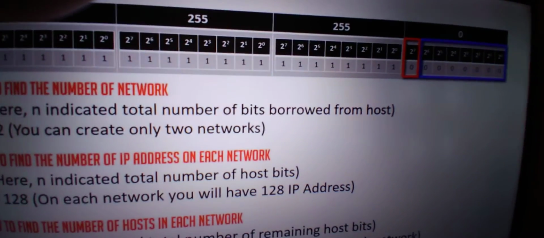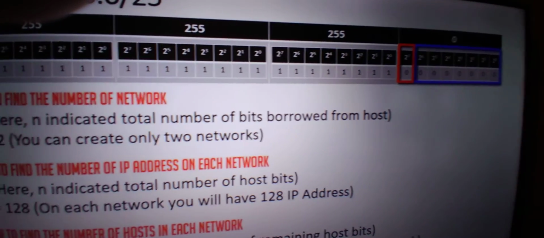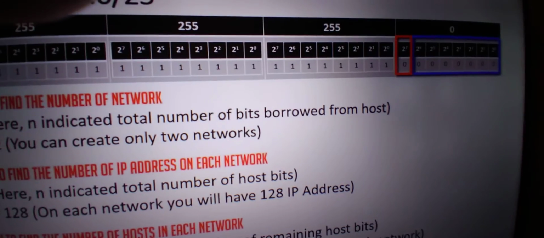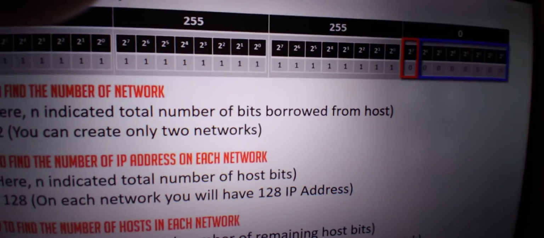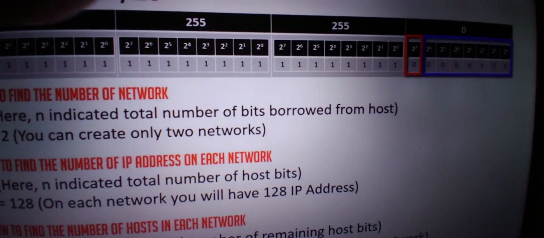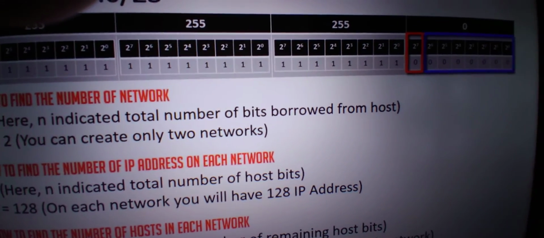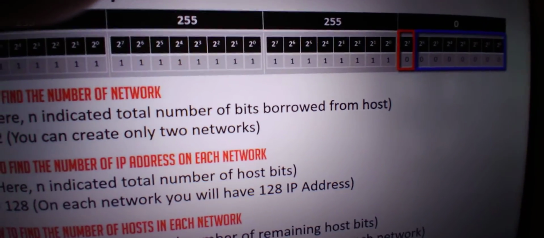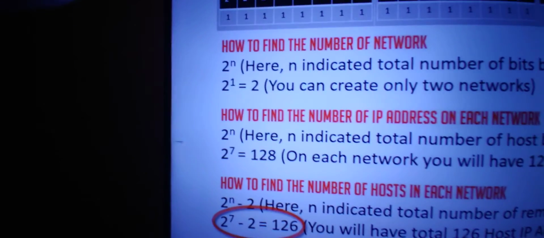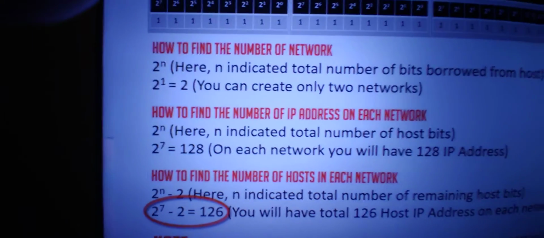All we're doing is borrowing from the host, and we're going to start from left to right. On the left is 2 to the power of 7, and that is 128. So 2 to the power of 1 equals 2, and you can create only 2 networks.